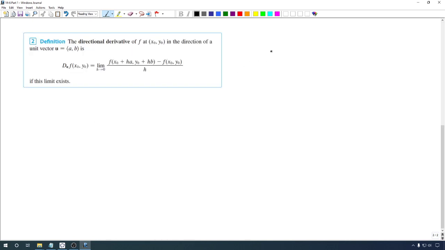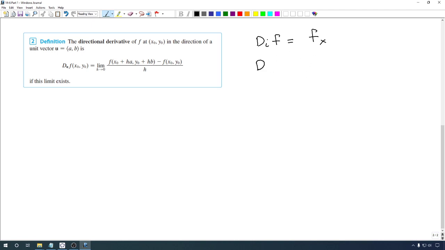One thing to note, that if we are working in the direction of i, so remember i is our vector that's 1, 0, it's in the x direction, then really all we're looking at is the partial derivative of f in the x direction.